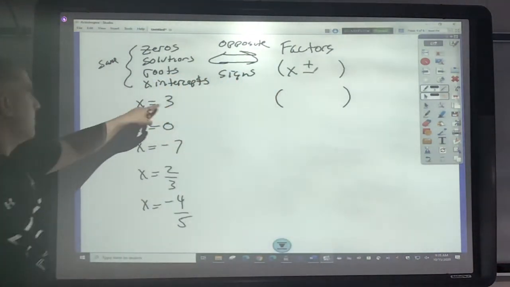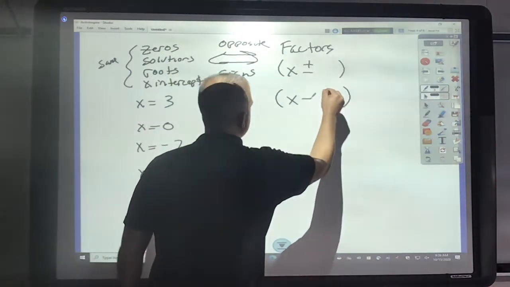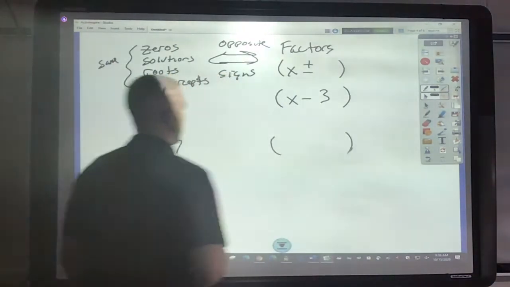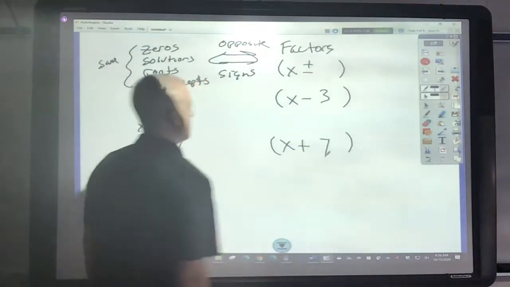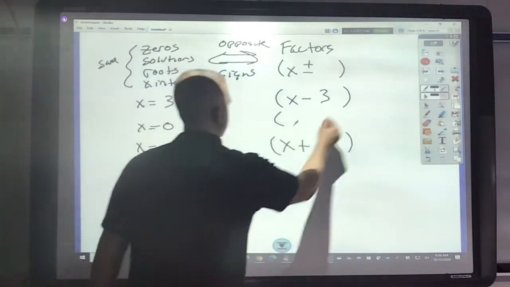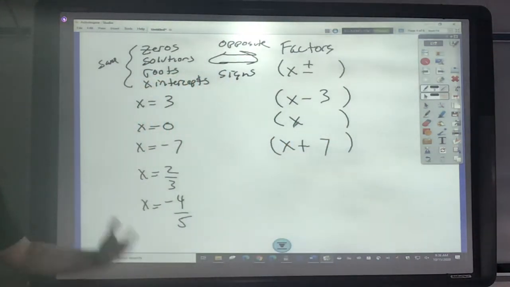So if this is positive 3, this would be x minus 3 for the factor. That's how easy it is. Let me skip down to this one here. The opposite of minus would be plus, that'd be x plus 7. Now, for this one, it has a 0, I can just have that as x, or you could have that as x plus 0, or x minus 0.